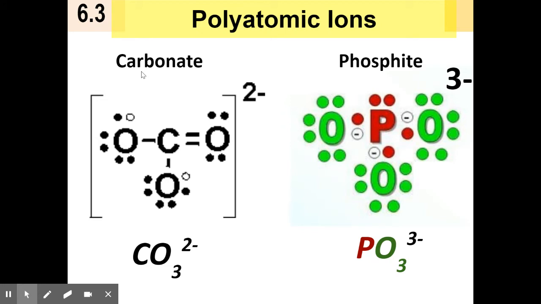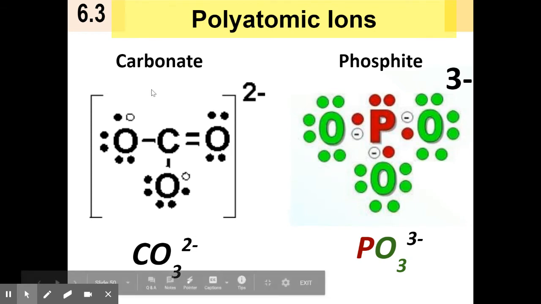There are a lot of polyatomic ions out there. Here's carbonate. If I told you to do the Lewis dot structure for carbon trioxide, well, you know carbon dioxide and carbon monoxide. Carbon trioxide would be impossible to do unless you could get your hands on 2 extra electrons. And that's exactly what happens. Carbon trioxide exists by stealing 2 electrons and becoming a negative polyatomic ion called carbonate.